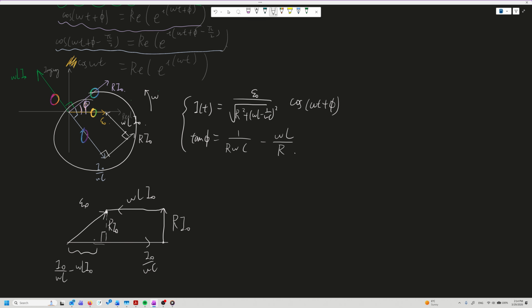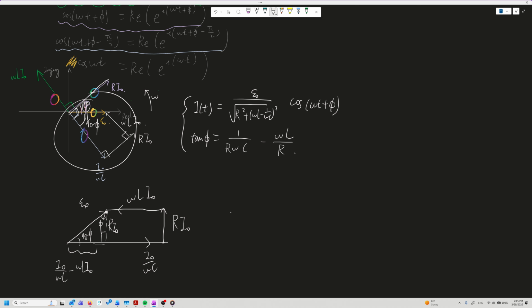Well, we need an angle somewhere, and how can we do that? Well, look here, we have a phi here, and then we have a vector, and this is 90 degrees. So doesn't that mean that this angle is just 90 minus phi? And so now we know this is 90 minus phi, and obviously this just becomes phi, because the interior angle sum of a triangle is always 180 degrees.